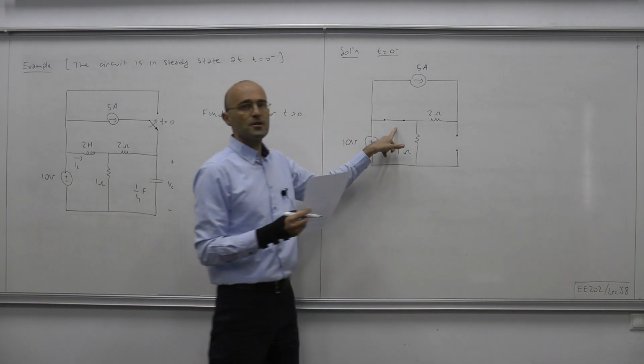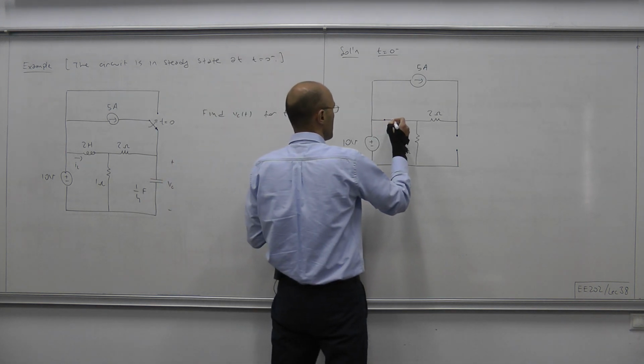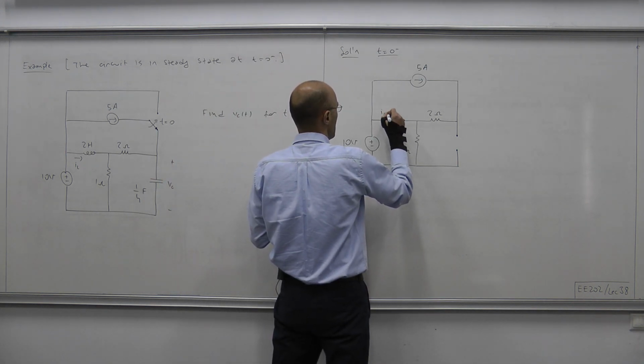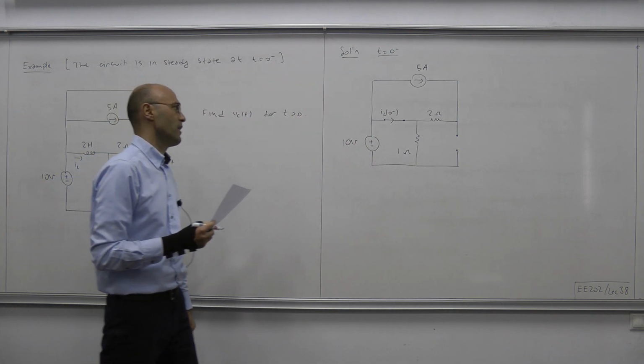So this is our inductor in steady state, that is a short circuit, and the current passing through it is our initial condition, IL(0 minus), which we have to figure out.